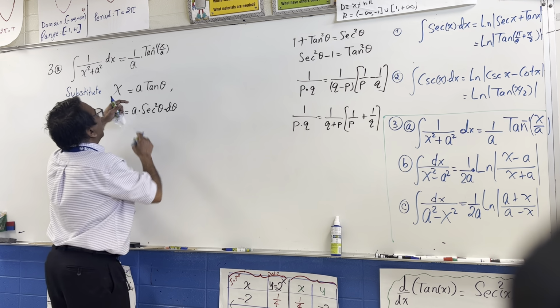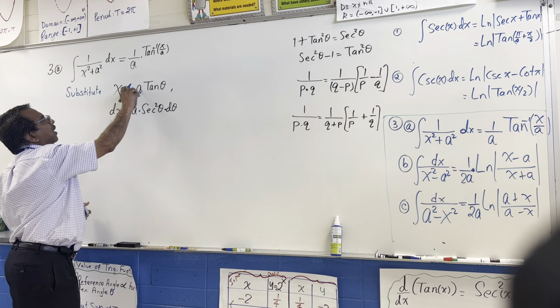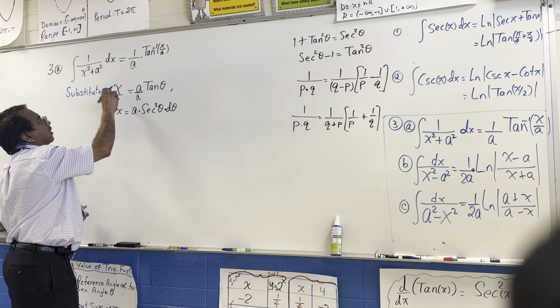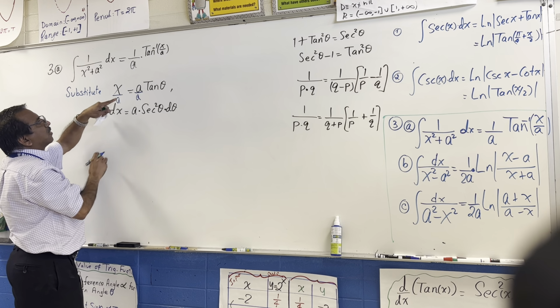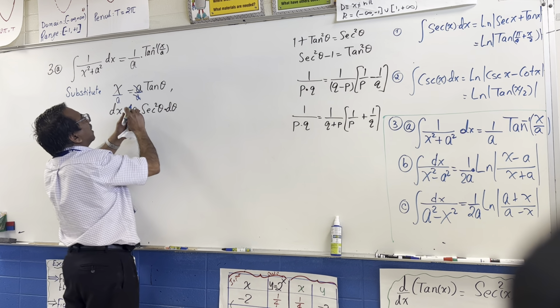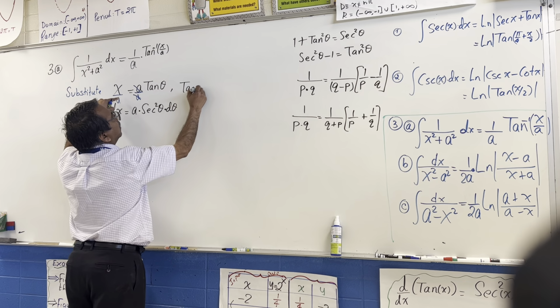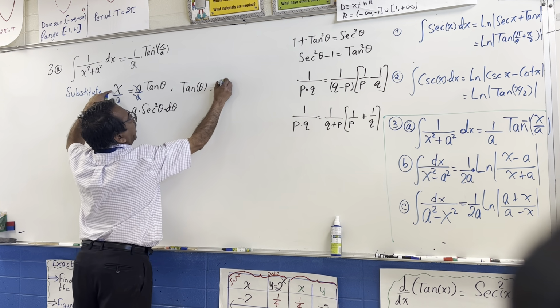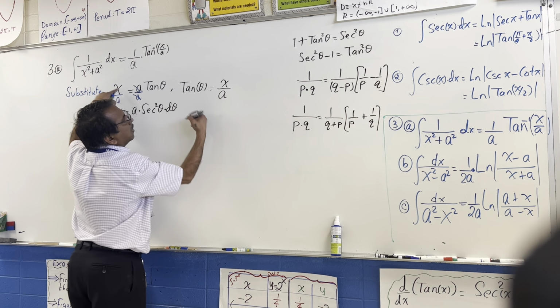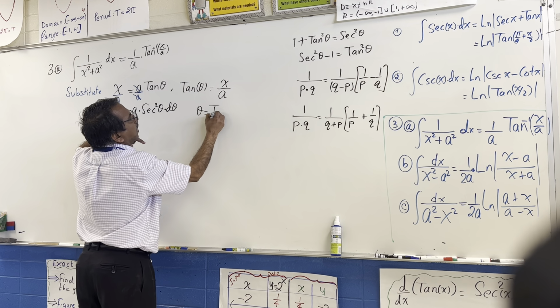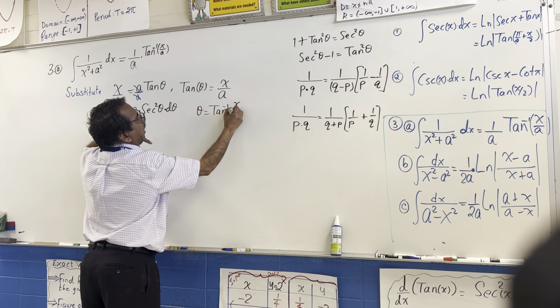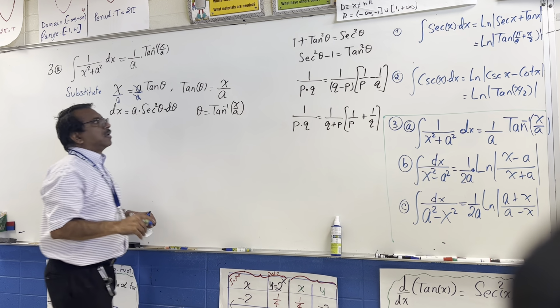But then if I divide this by a, because in the later steps we need this, tan theta also equals x over a. It means theta is tan inverse of x over a. So these are the requirements.